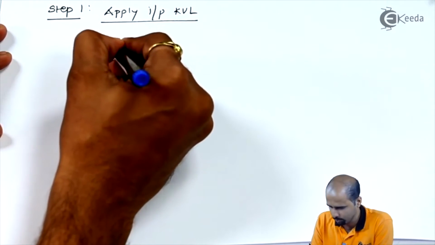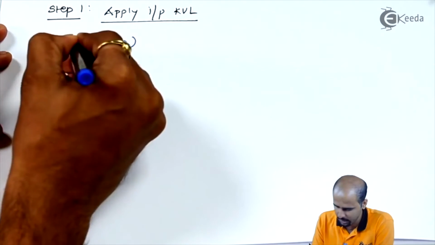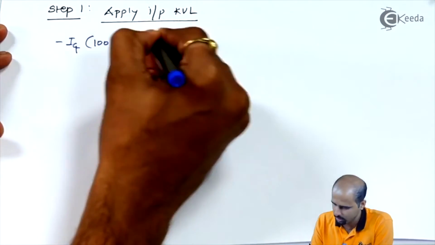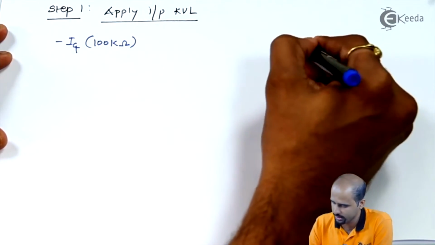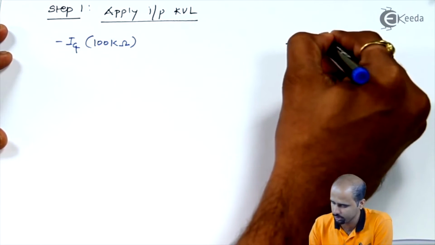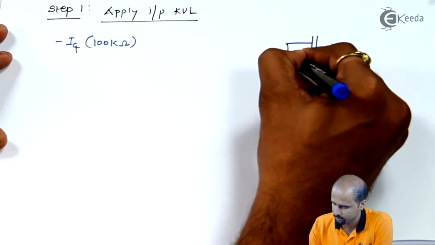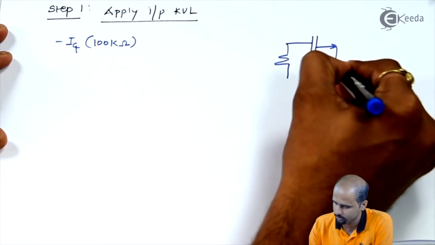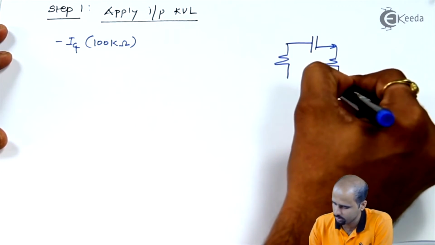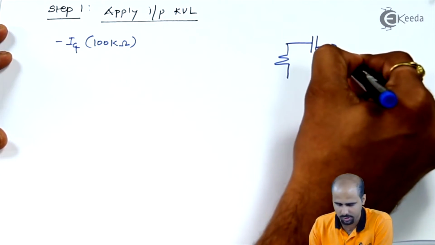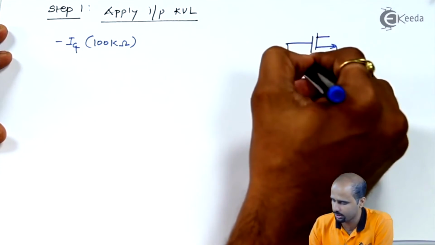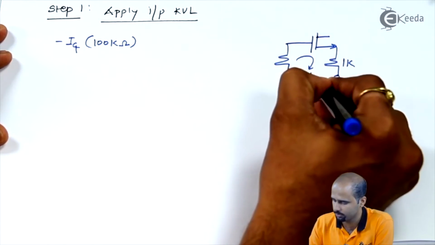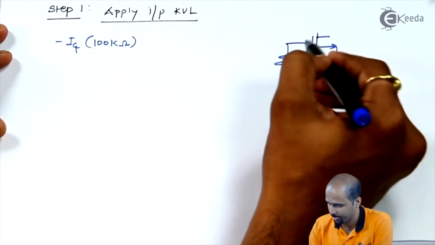So 100 kilo ohm multiplied by IG, with minus sign because we are taking that particular direction. I'll draw this diagram over here to avoid confusion in your mind. Minus 10 volts, this is 1K, and we don't deal with the particular RD here. This is my input for step number 1.